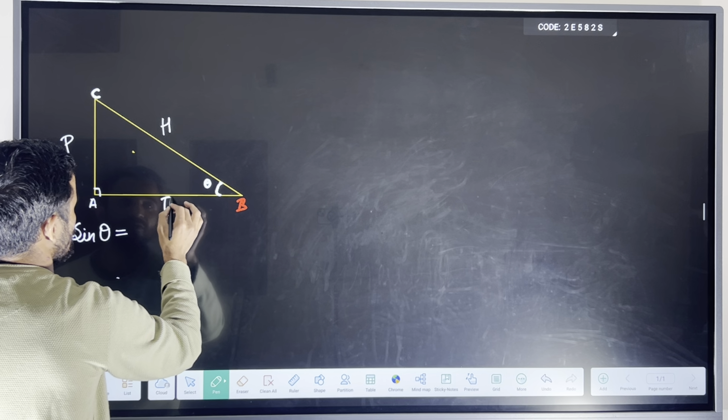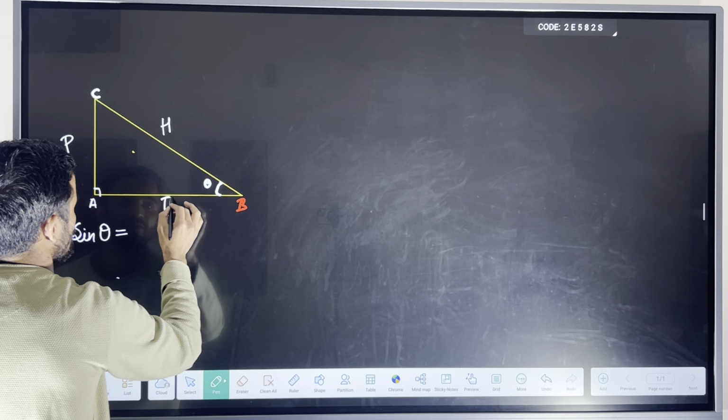So this is a right angle triangle at B. This point is B, this point is A and this is C. Now if you see the question, AB is equal to 24 centimeter and BC is equal to 7 centimeter.